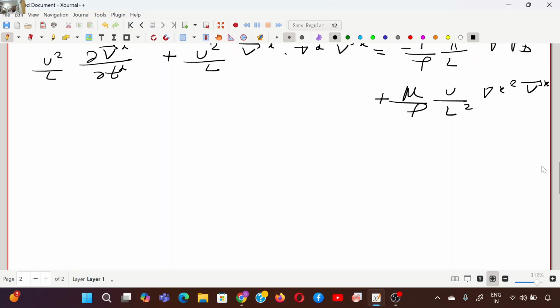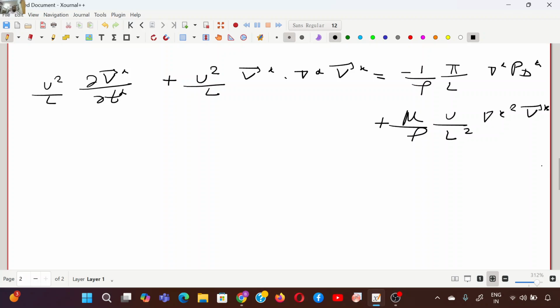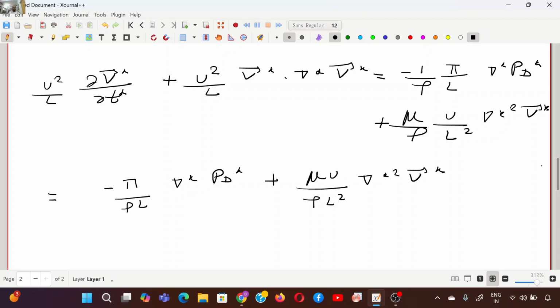Okay, so basically what is the right hand side again? Right hand side is nothing but combining everything. Minus pi by rho L del star PD star plus mu U by rho L square del star square V star. So if you look at these two terms, left hand side and right hand side, you can cancel off L, right?